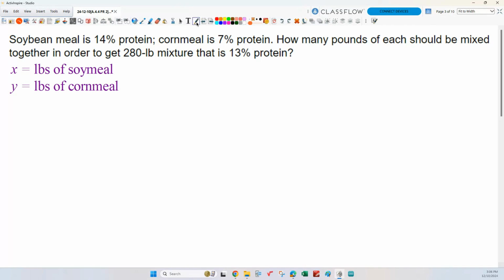Is there a gimme? Is there an X plus Y equals? And you see why it's so useful to have the units on there. So pounds of soy meal plus pounds of cornmeal is what? What's X plus Y equal here?